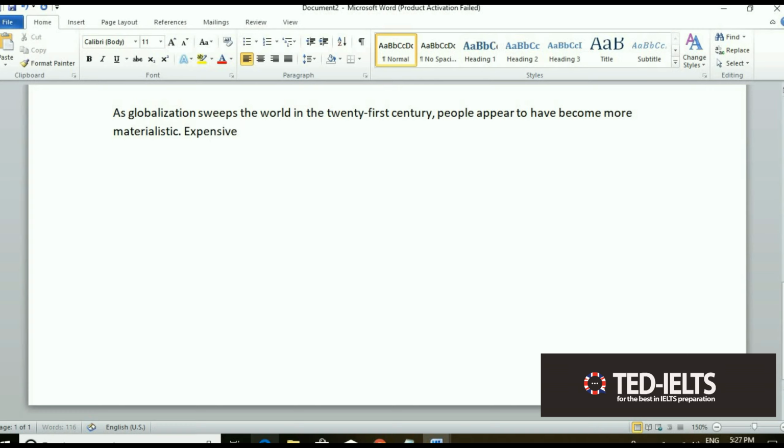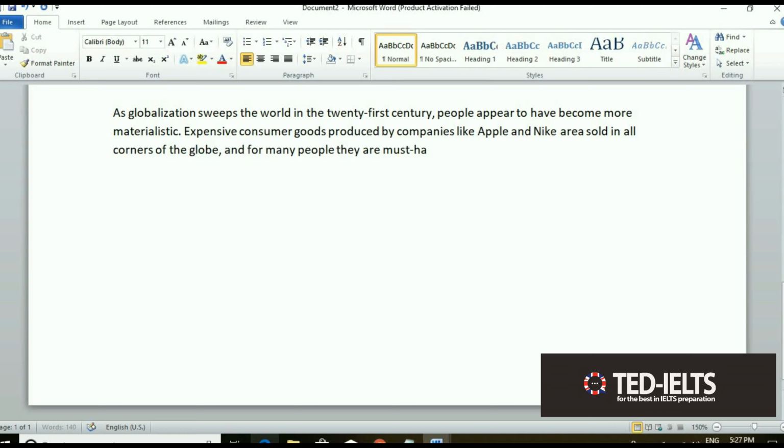So here we go, expensive consumer goods. So I'm refining my topic now quite substantially. The first sentence is a very broad statement about people liking expensive things in the modern era. The next sentence brings in this idea of consumer goods.